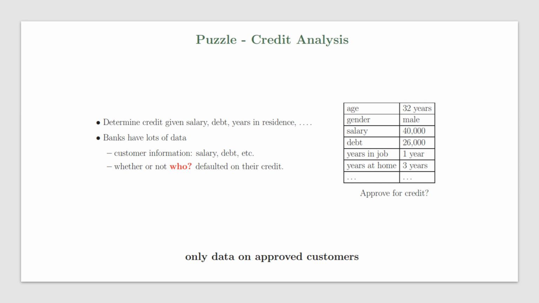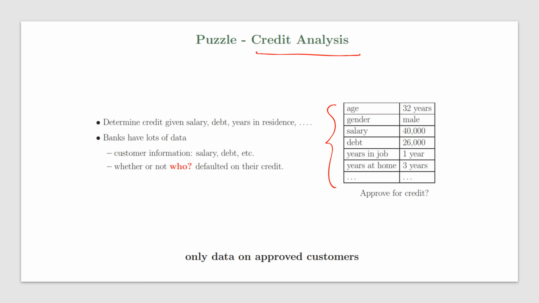Here, we have information about some bank customers, and we have to determine whether we should approve or deny credit. We are trying to predict whether a person is going to default on their credit or not, based on the people who have defaulted or not. But then there is data only for approved customers, if you think about it.